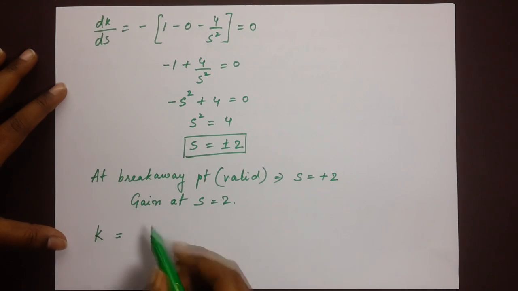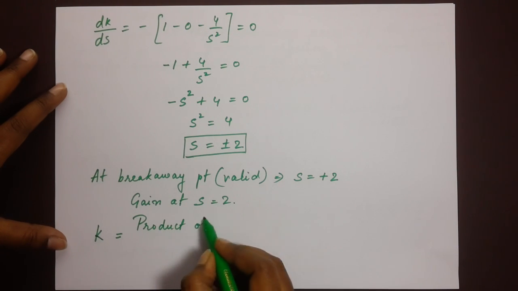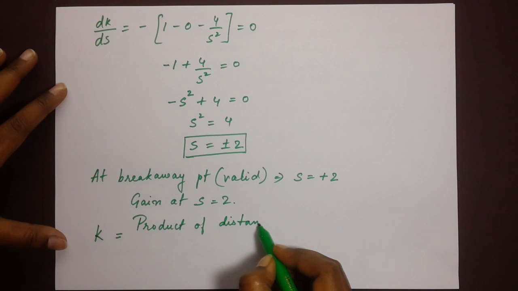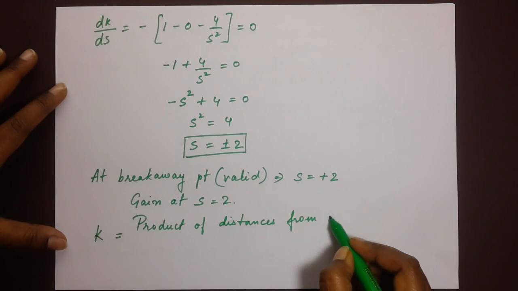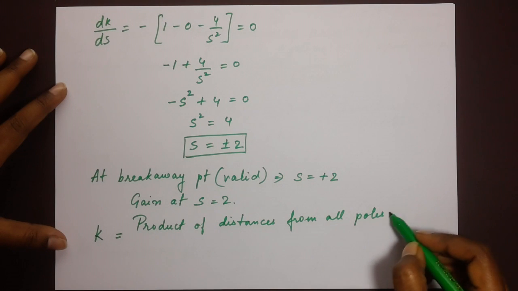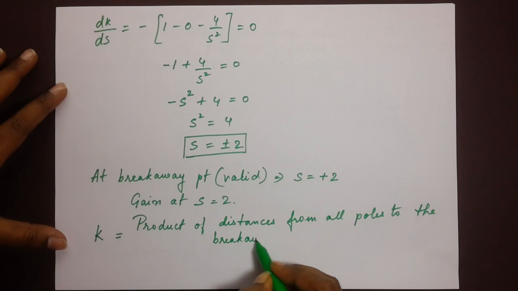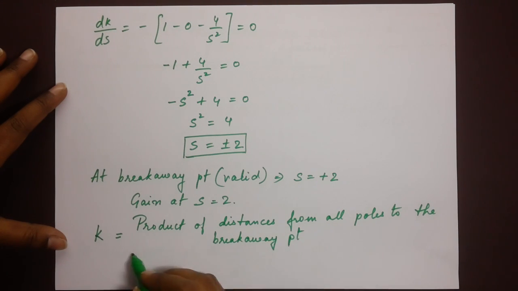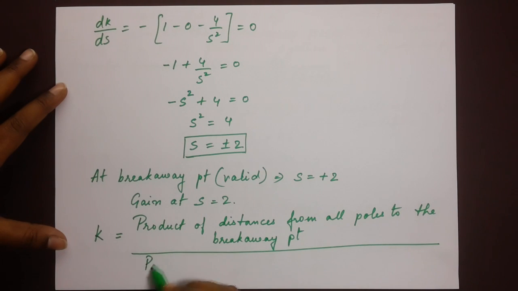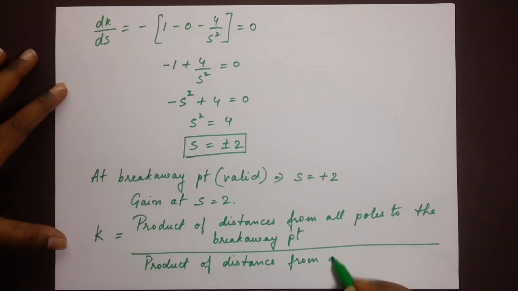So K can be found by calculating the ratio of the product of distances from all poles to the breakaway point to the product of distances from all the zeros to the breakaway point.